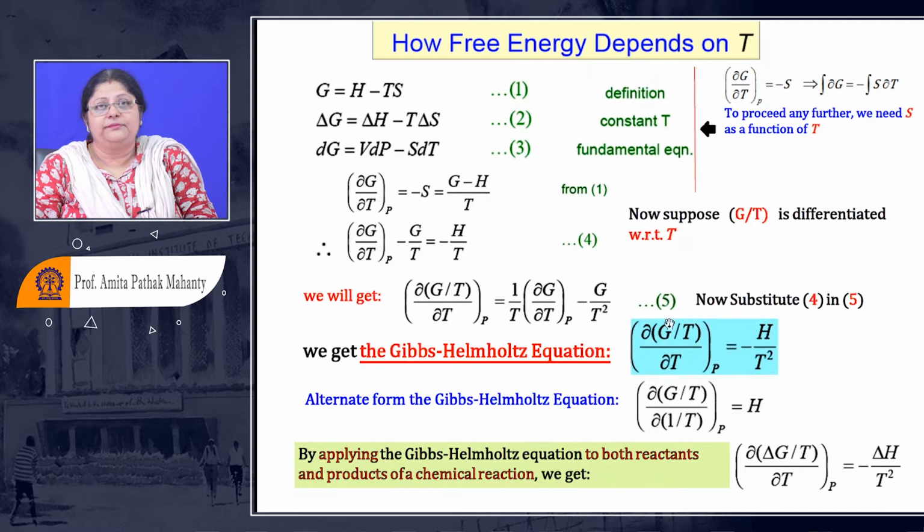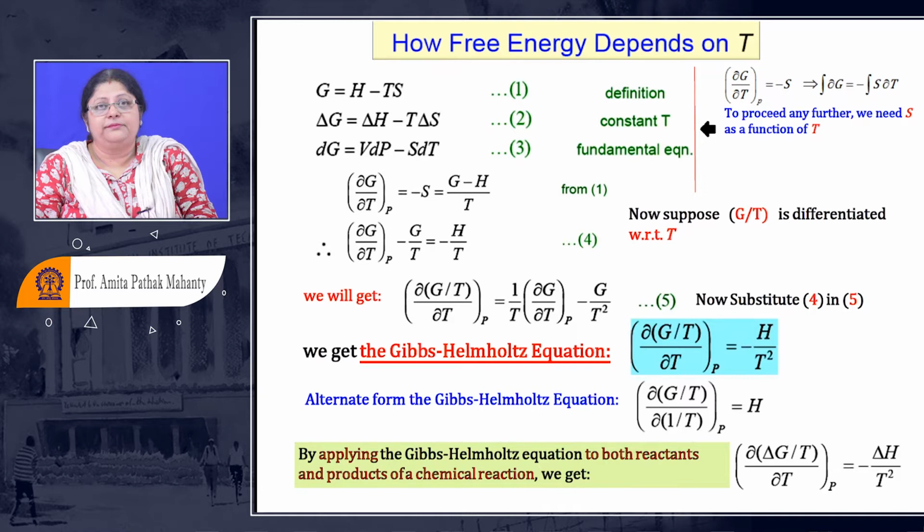One, we can write how the Gibbs energy for a system varies with temperature: that quantity differentiated with respect to temperature at constant pressure. This is what we are looking into. Now for a reaction, what do you have? You have both the reactant and product of the chemical reaction.